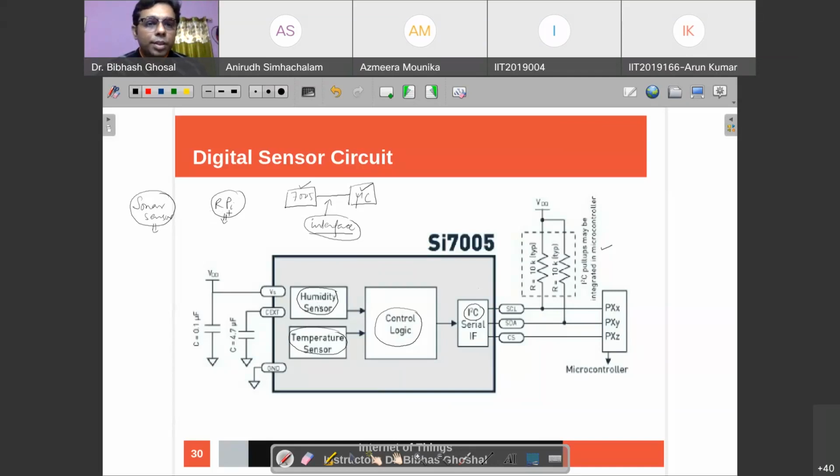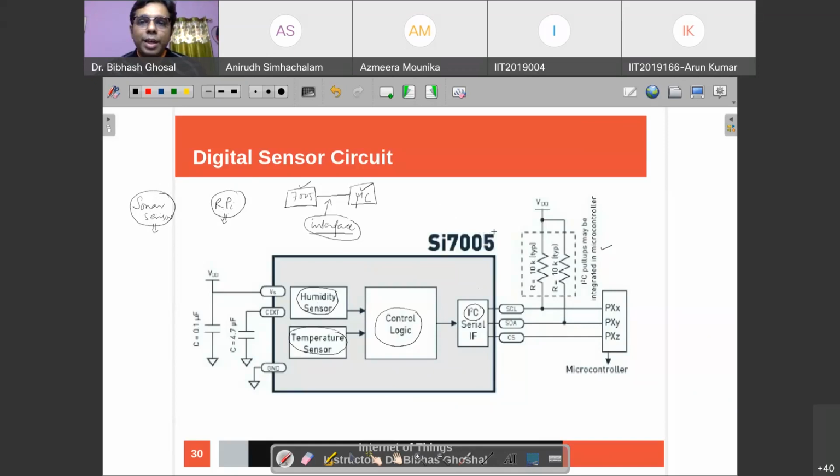If this does not support the interface provided by a particular chip, then you cannot use it. Either you have to go for a different sonar sensor chip, or you have to take a different variant of this microcontroller which supports it. Maybe Raspberry Pi won't work, you go for some other microcontroller. But this is a costly step because normally we don't prefer changing the microcontroller. We prefer changing the sensor depending on what kind of interface it is sending.